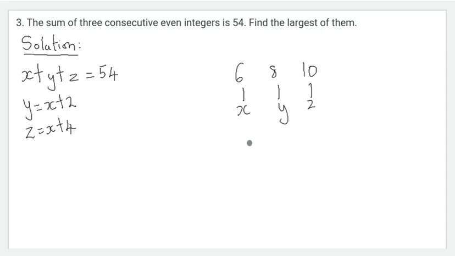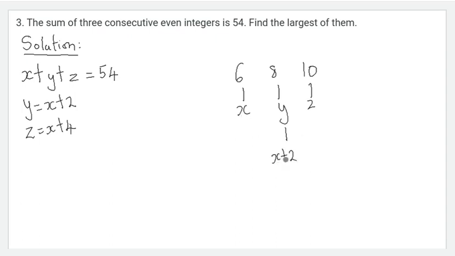All right. Imagine we didn't know the two consecutive even integers after 6. How do we find them? How to get y? y would be x plus 2. Why did we use x? It's consecutive, so it's right after x, but not just the number right after x, it's the even number right after x.